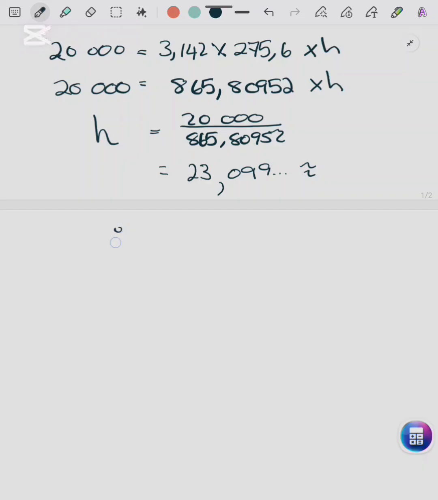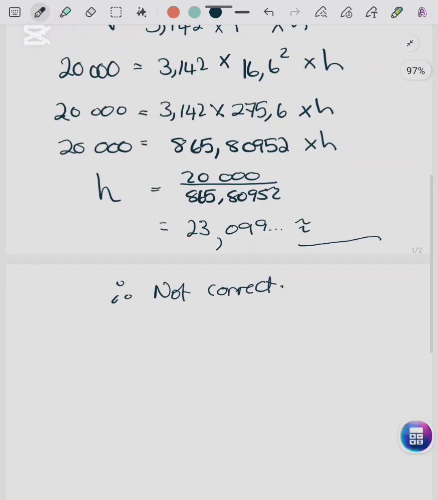So we write our conclusion statement that he is not correct, because it's less than 30 centimeters. If they were wanting to know the actual height, you could at the end of your calculation round off to say 23,1, but it's not necessary to be able to answer the question at this stage.